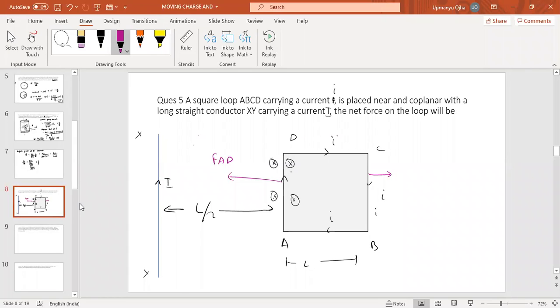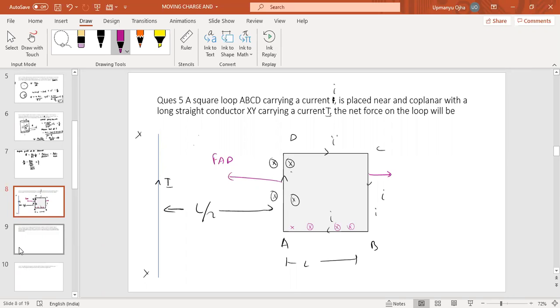What is the force acting on DC and AB wire? In which direction? First of all, the magnetic field will not be the same for DC wire. It will decrease as we go from D to C. The same here, the magnetic field will decrease as we move from A to B. It is inside the plane, but it is decreasing downward.